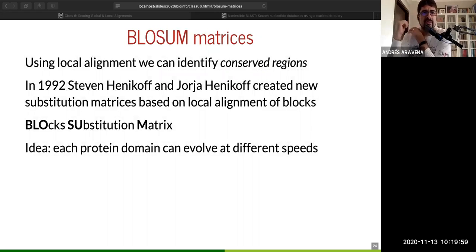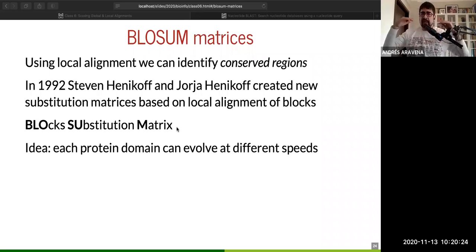I'm not sure if father and son or husband and wife, because I don't know if Georgia is male or female. Anyway, they got a different idea. Instead of doing global alignment, they do local alignment, and they did the same mathematical thing, but only with blocks that are conserved. That is called the block substitution matrix.